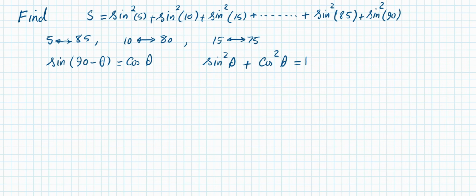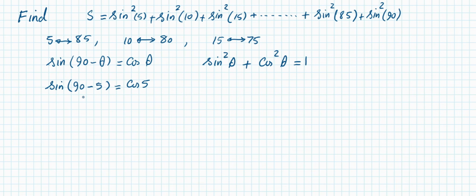So in this case, we can write sine of 90 minus 5 degree, as an example, equal to cosine of 5.